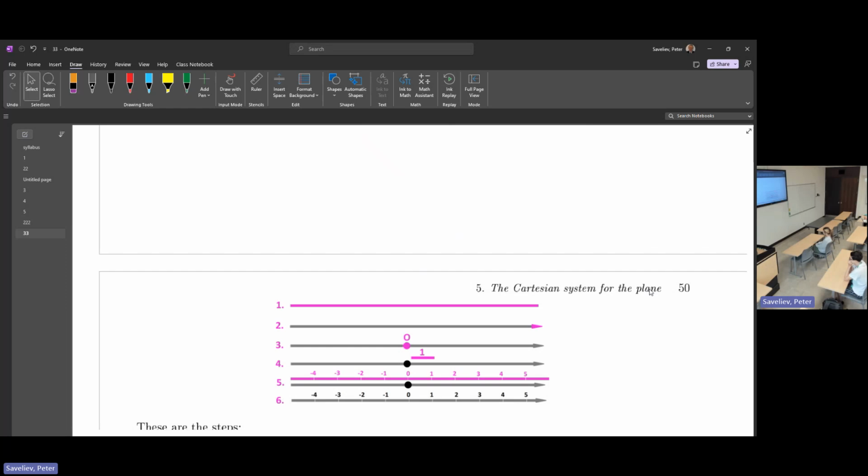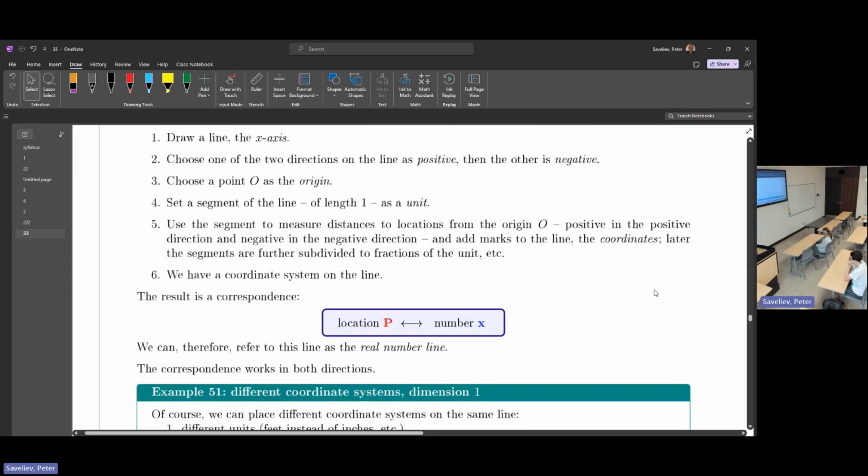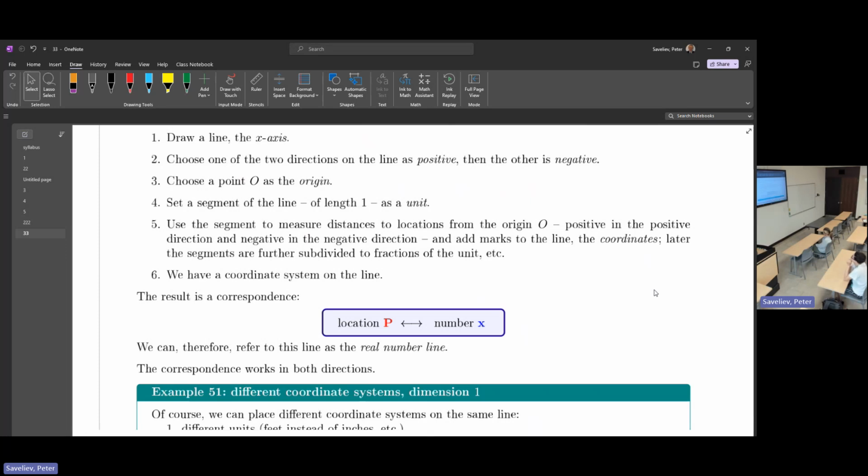To remind you: a line, then step 2, you choose the positive direction, choose the 0, put the O there, then choose the unit. And use the unit to the left or the right to place infinitely many milestones on that road. The end result is a line, and that line creates the simplest coordinate system, when there's only one number, but it works perfectly well.